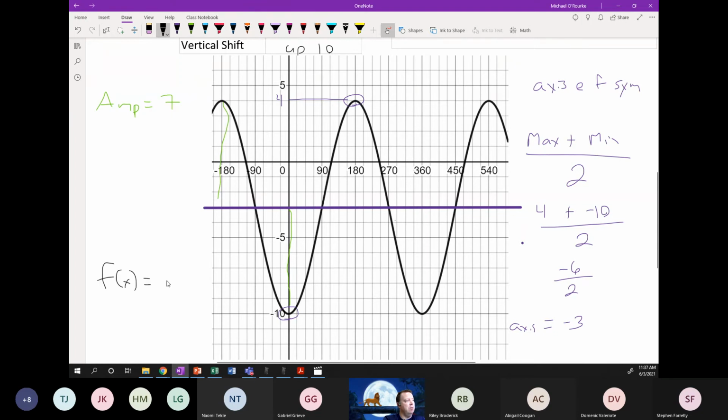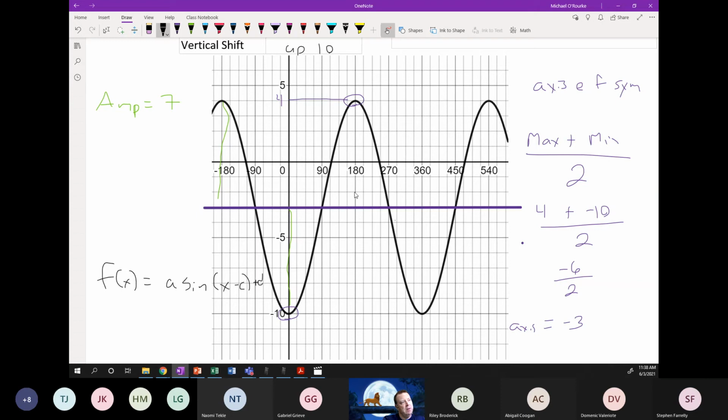f of x equals, now we know that's our a value, shoot. a sine x minus c plus d. Okay. 7, because we're going to go up. We're going from, if we look here, -3 up to 4.